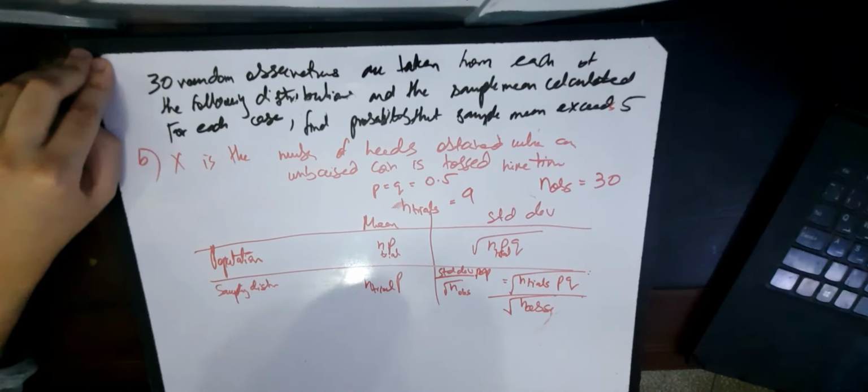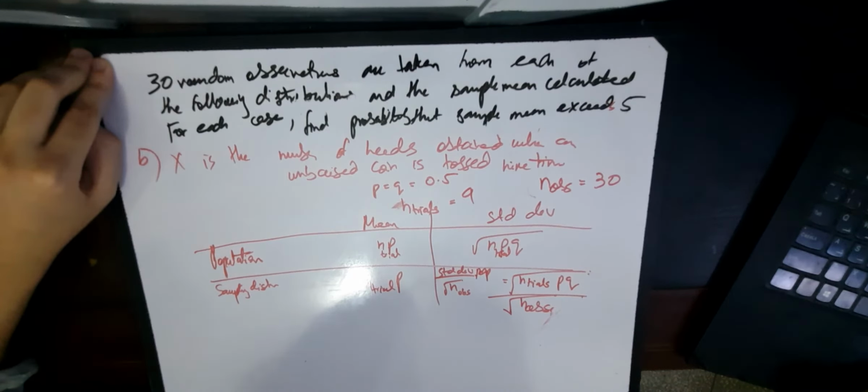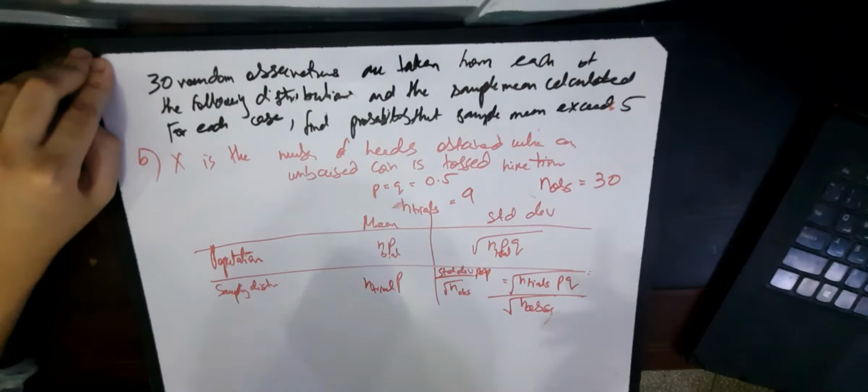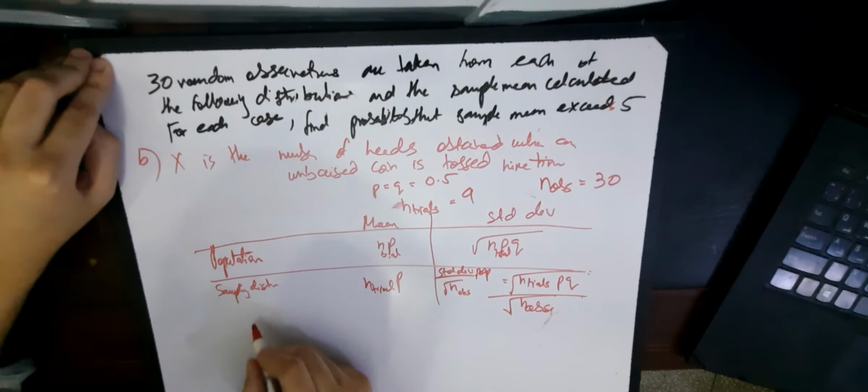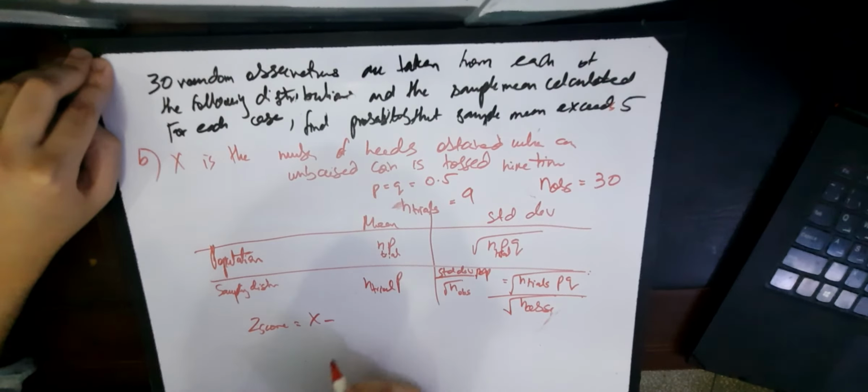Again, I am now trying to look at the value of 5, the mean of 5. What will be the probability, the area under the graph above this mean of 5 for this particular distribution? So we can again calculate the z-score: x minus the mean, which is n trials p, divided by the square root of n trials pq divided by n observations.